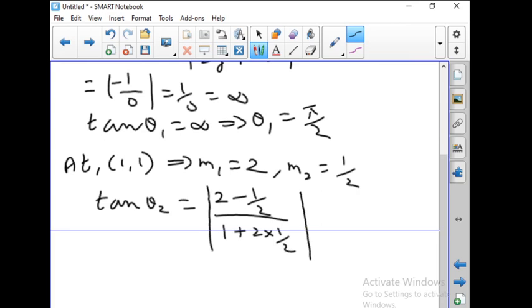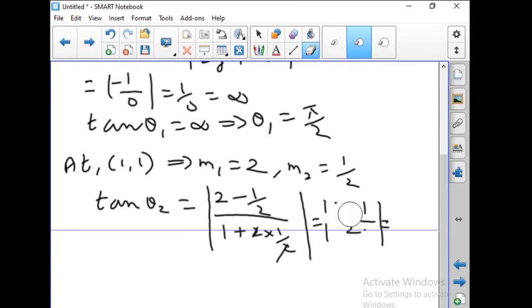In the denominator, 1 plus 1 is 2, and here we cannot cancel the denominator.